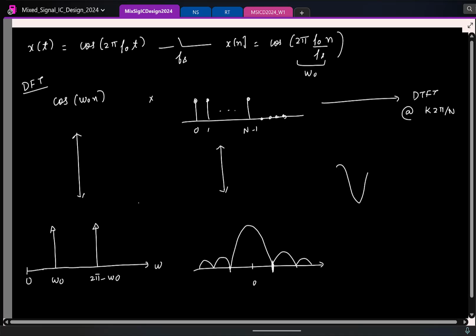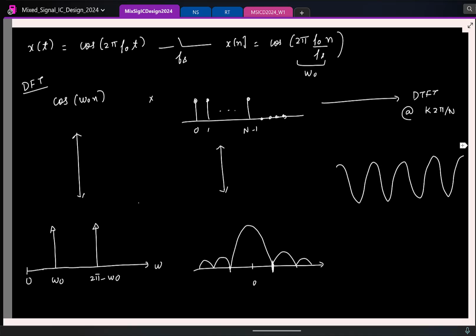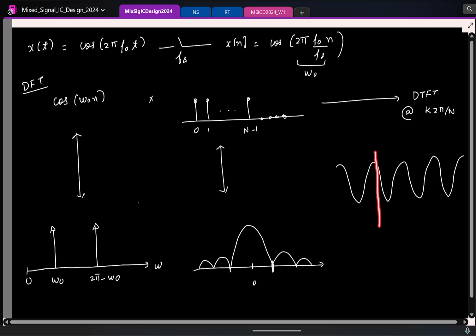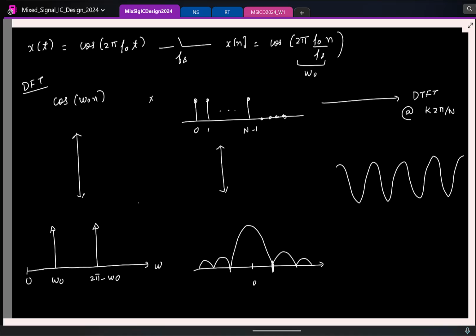So let's say this is a sinusoid. I am drawing continuous time for simplicity. How long should I integrate the sinusoid so that the integration becomes 0? At exactly 1 clock cycle. So here my sinusoid lasts for n samples. So I should be looking at those sinusoids which complete 1 cycle after n samples.